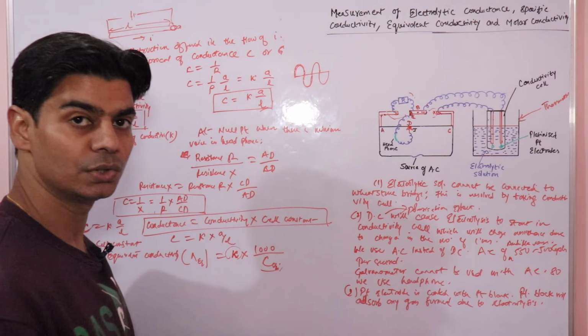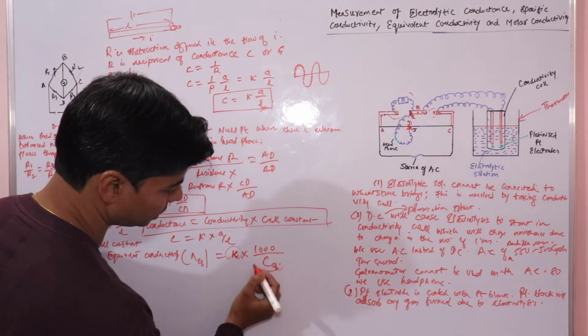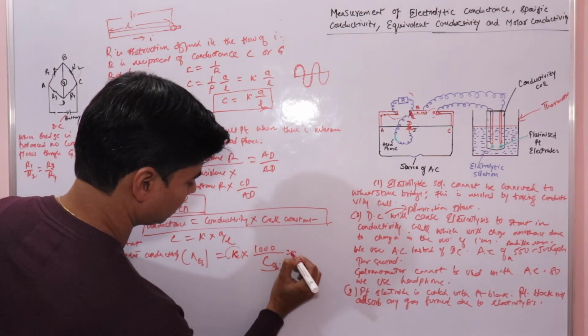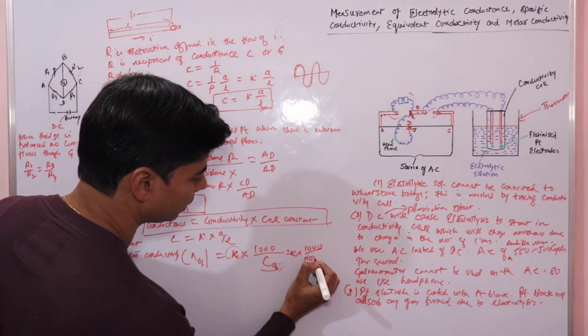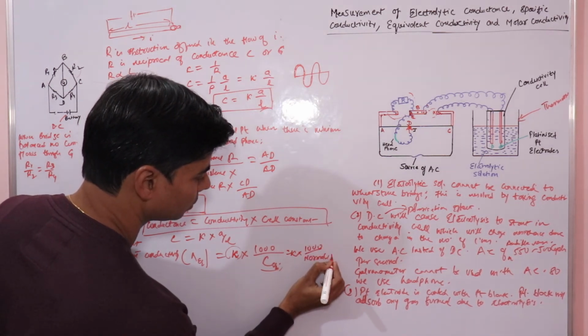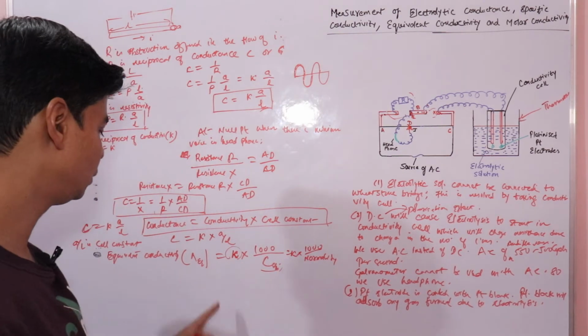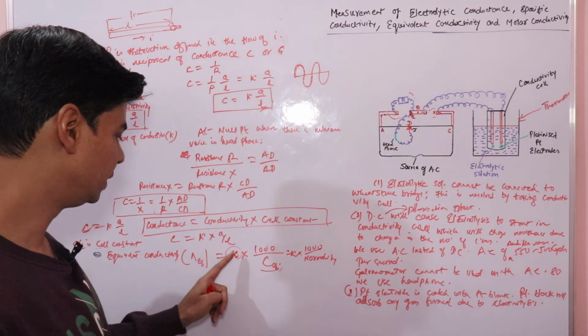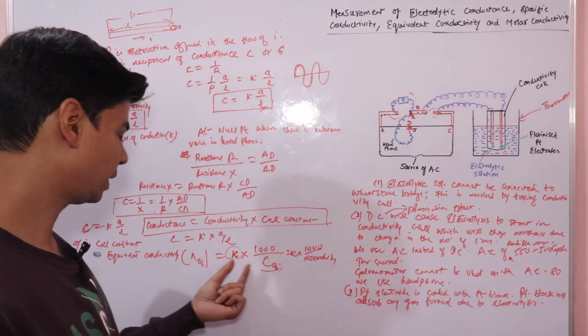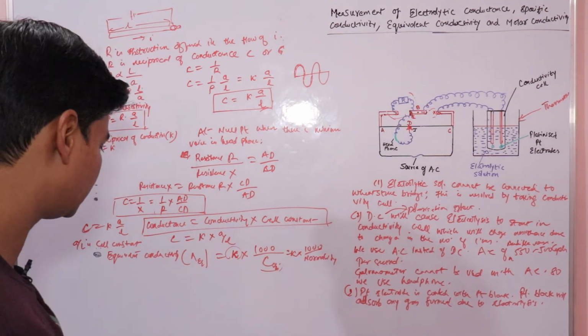This is your normality, right, upon normality. So once you know the normality and the specific conductivity, you can get the value of equivalent conductivity.